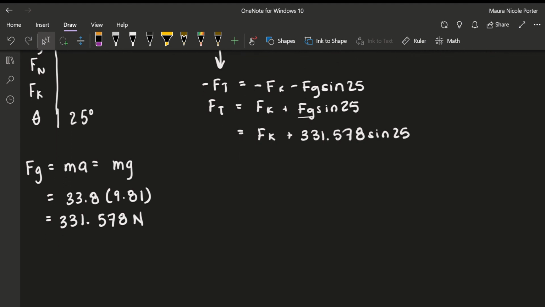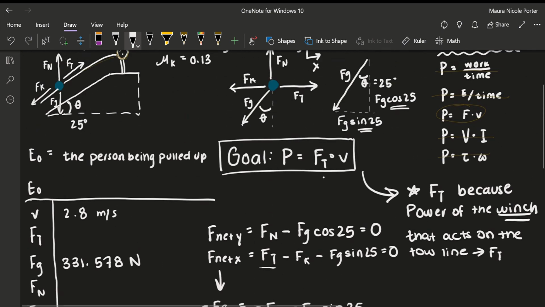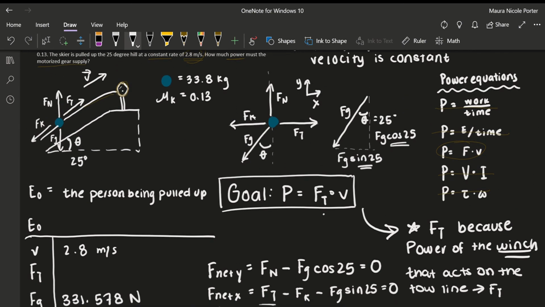Okay, so I guess now all we have to do is solve for f of k. That seems to be all that we need. So f of k is equal to normal force times the coefficient of kinetic friction, and it looks like we're stuck again because we need the normal force. I'm going to come down here and calculate that. So normal force is equal to the force of gravity, but it's only going to be this y component because that's the one that works opposite of the normal force.